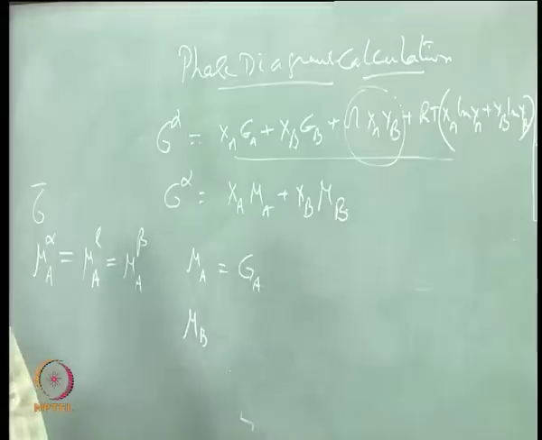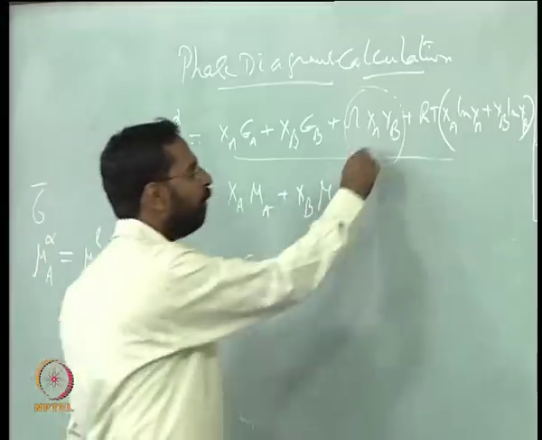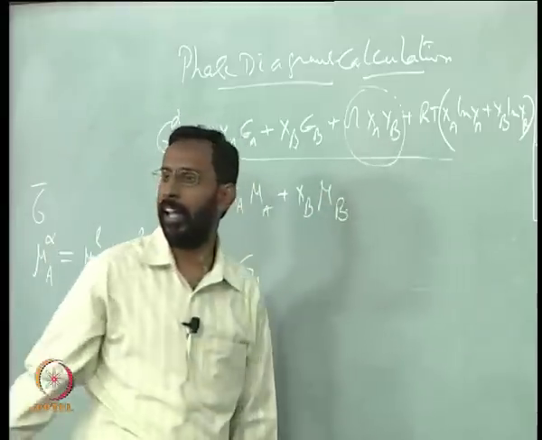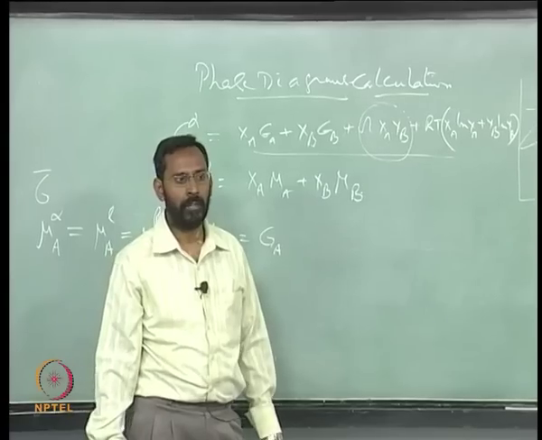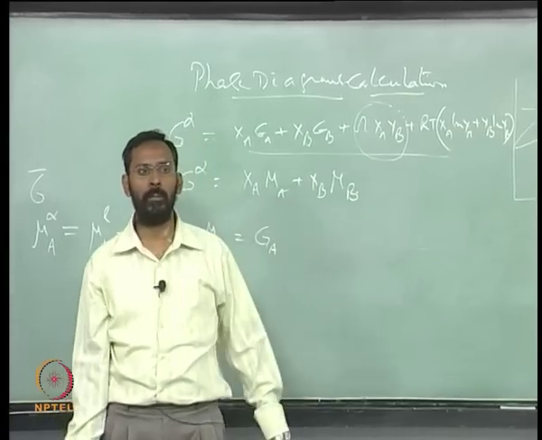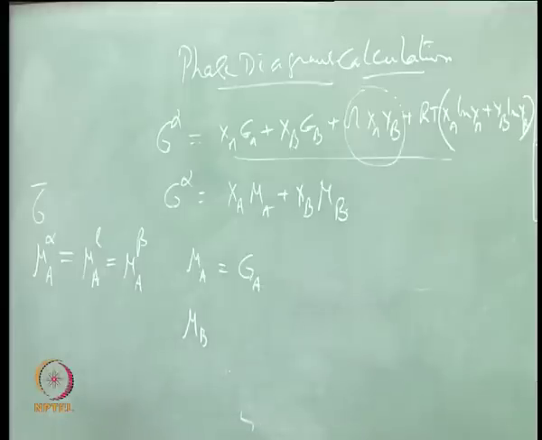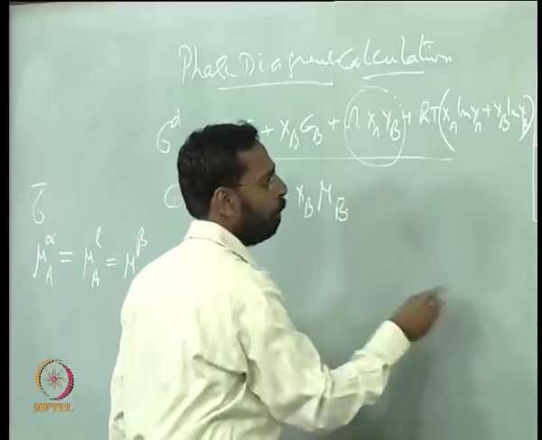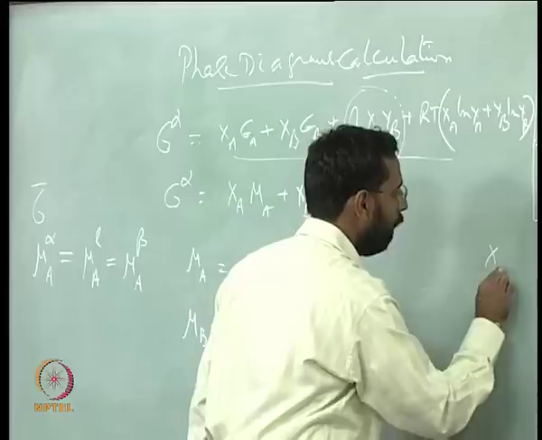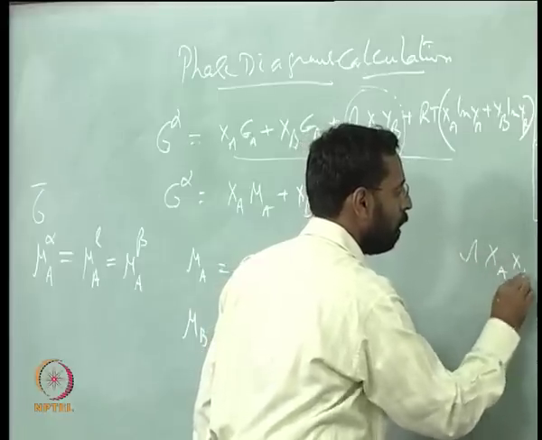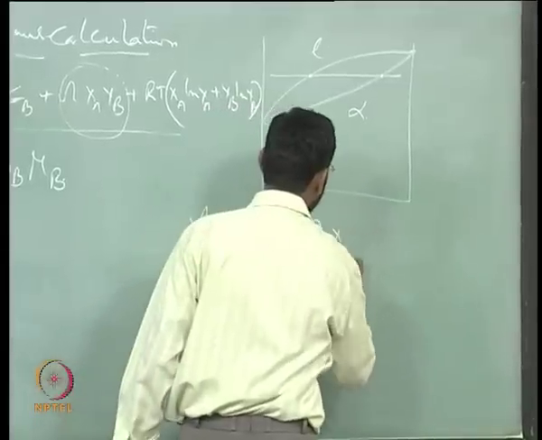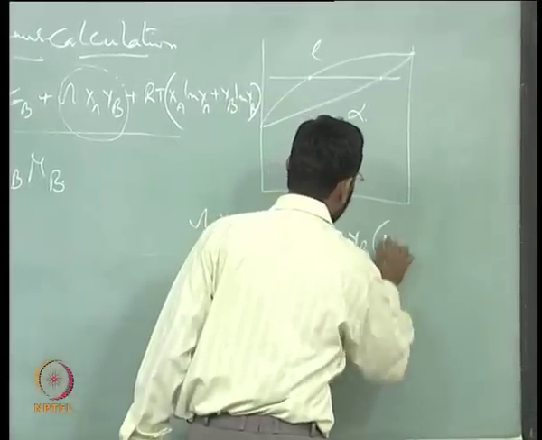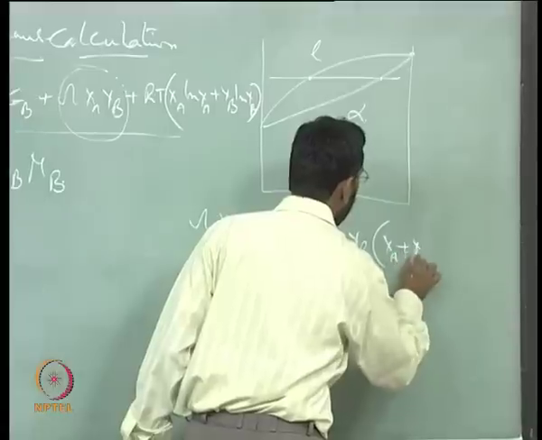There is an easy way to do it. You multiply this with XA plus XB. If you multiply with XA plus XB, XA plus XB equal to 1, am I right? So, you can write omega XA XB as omega XA XB into XA plus XB.